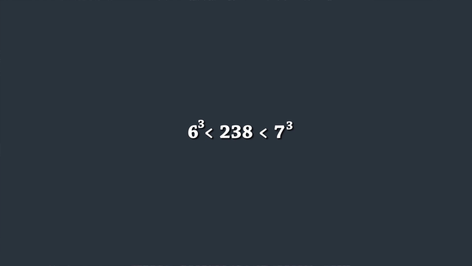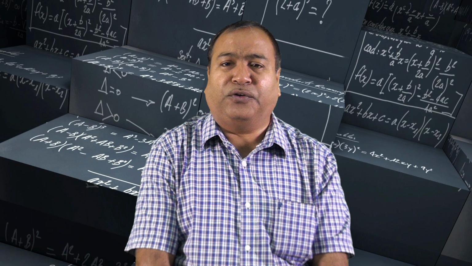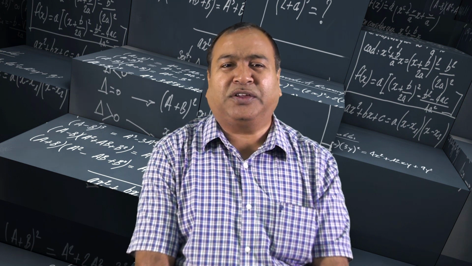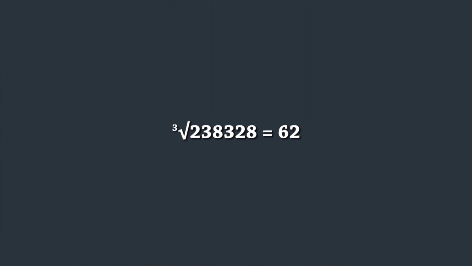Step 4. Now by considering the smaller number in the above inequality, the tens place in the answer must be 6. Therefore, we can observe that the cube root of 238,328 is just 62.